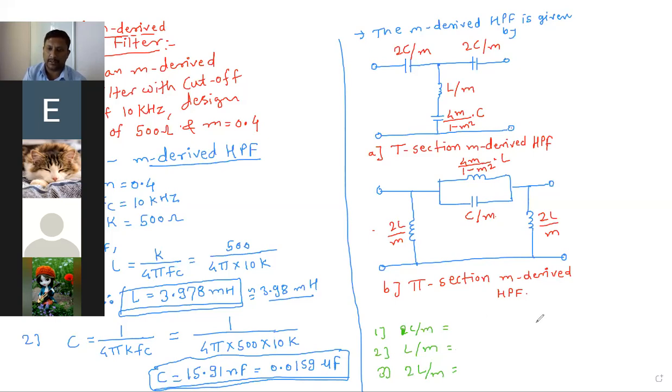That is the fourth point, 2C by M. Fifth point, 4M divided by 1 minus M square into L. And sixth point, 4M divided by 1 minus M square into C. So calculate all these values and tell me, so that I will put them in the diagram.